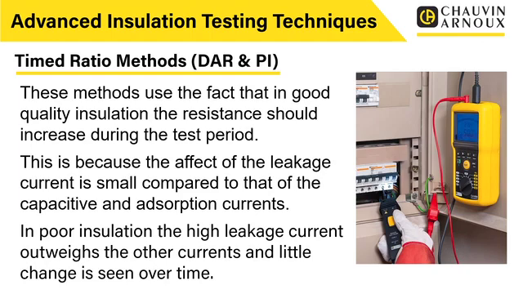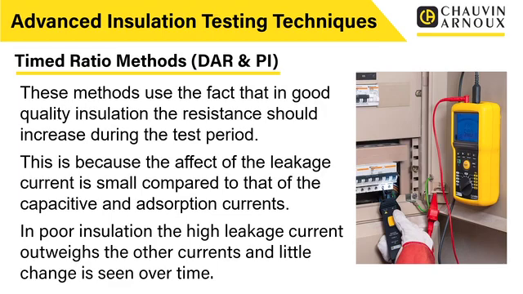This is because the effect of the leakage current is small compared to that of the capacitive and absorption currents. So if you think about this, if our leakage current is small, the perceived effect of capacitive and absorption currents is greater, because it's small compared to those.